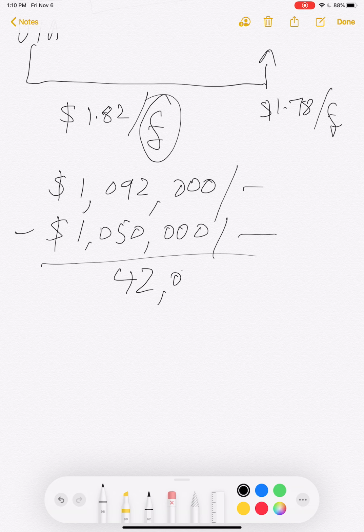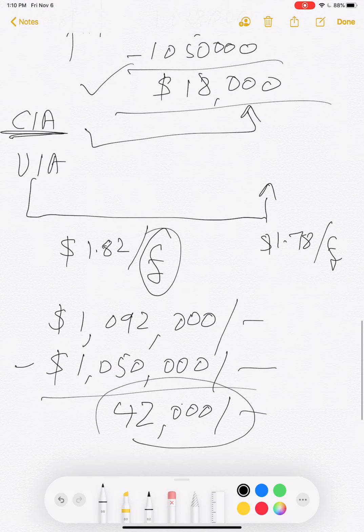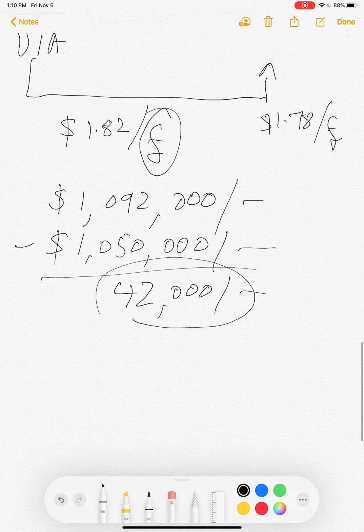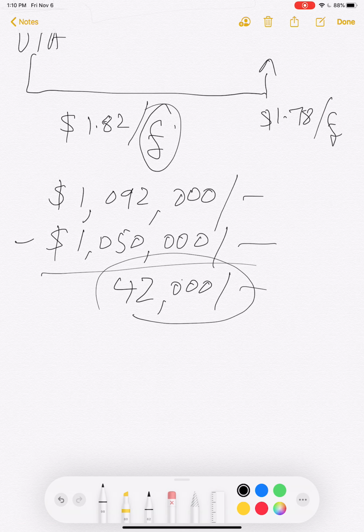It is actually 42,000. Now why is it more than the 18,000 you are receiving over here? The simple reason is that your pound has appreciated. Rather than converting 1 pound to 1.78 dollars, you are able to convert 1 pound to 1.82.